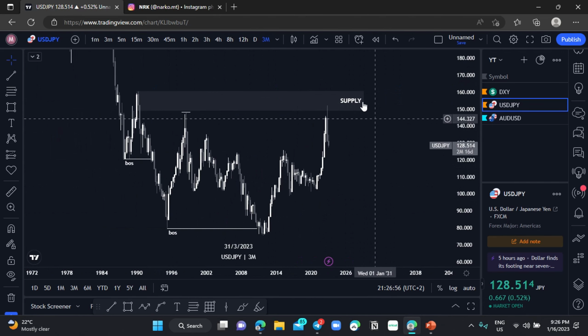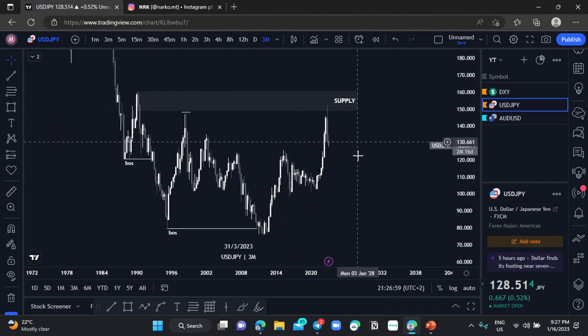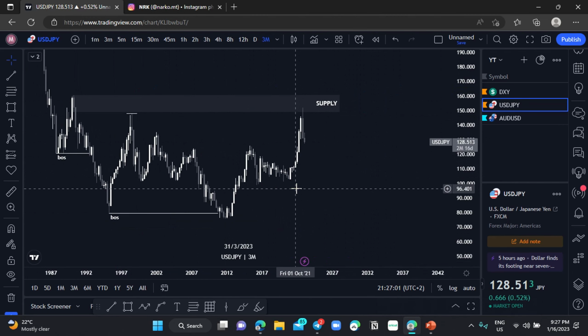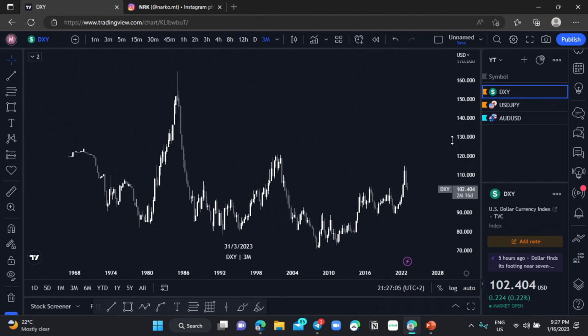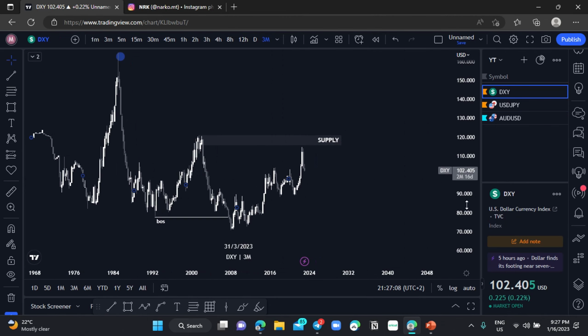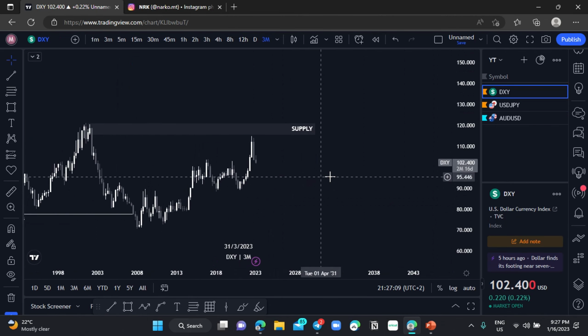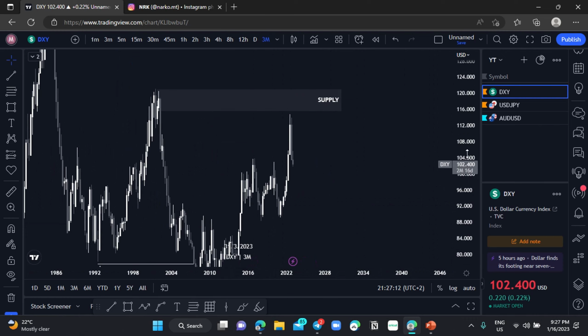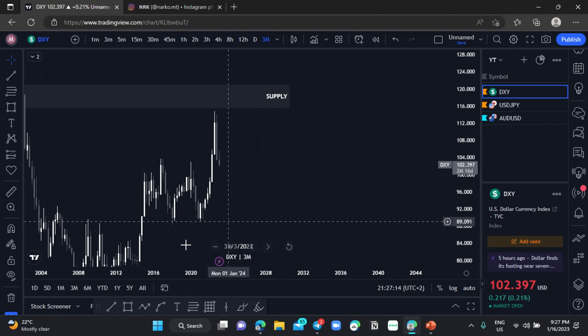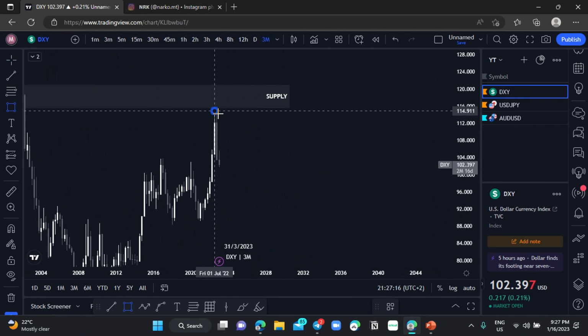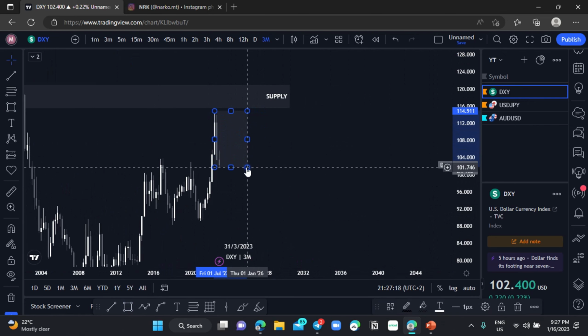As you can see here, more or less the same thing is going on the dollar index. Okay, so now we can see on the dollar index we have this push to the downside. We have this push to the downside.